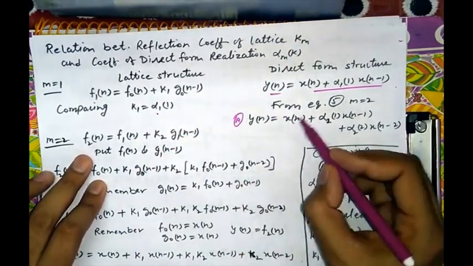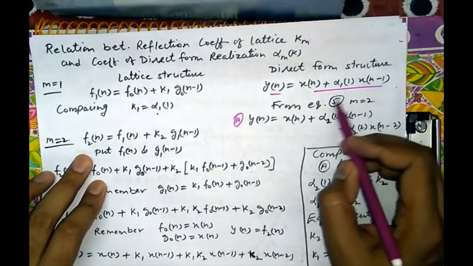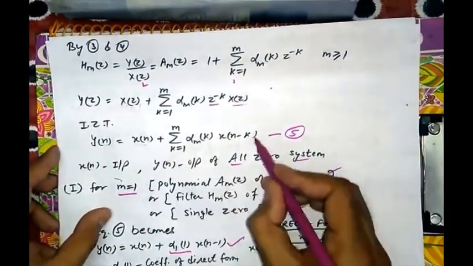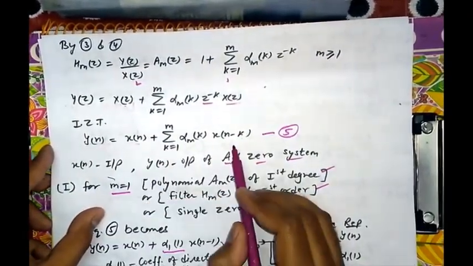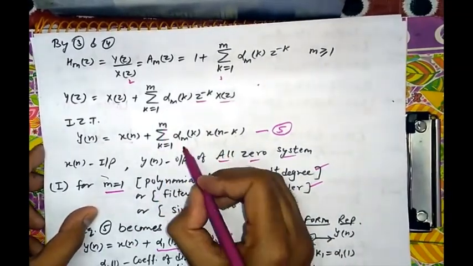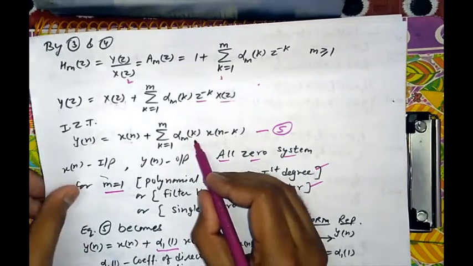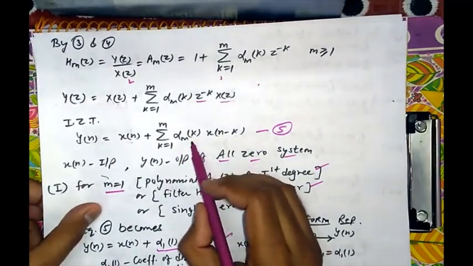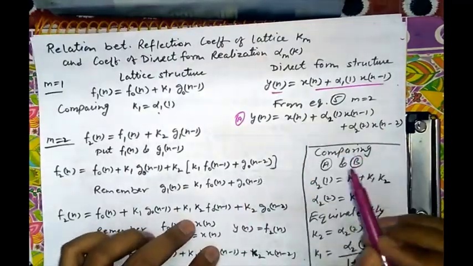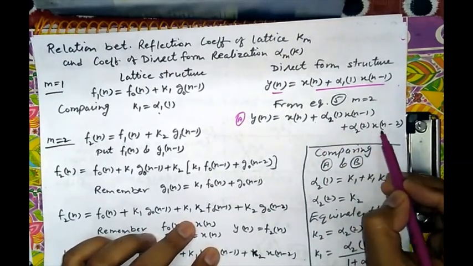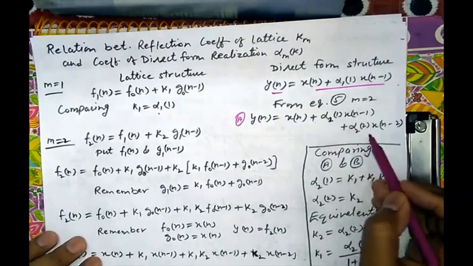Now second order. For second order, put m equal to 2 in equation number 5, with k going from 1 to 2, and the equation becomes like this: x(n) plus alpha 2 1 x(n-1) plus alpha 2 2 x(n-2), two summation values.